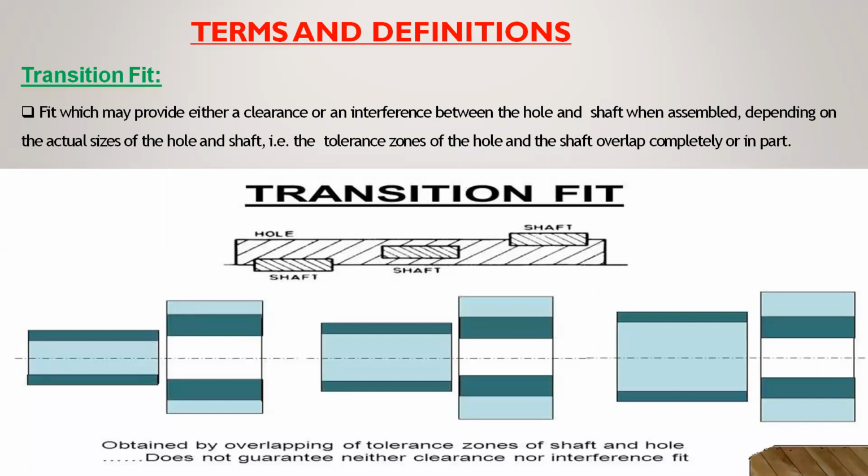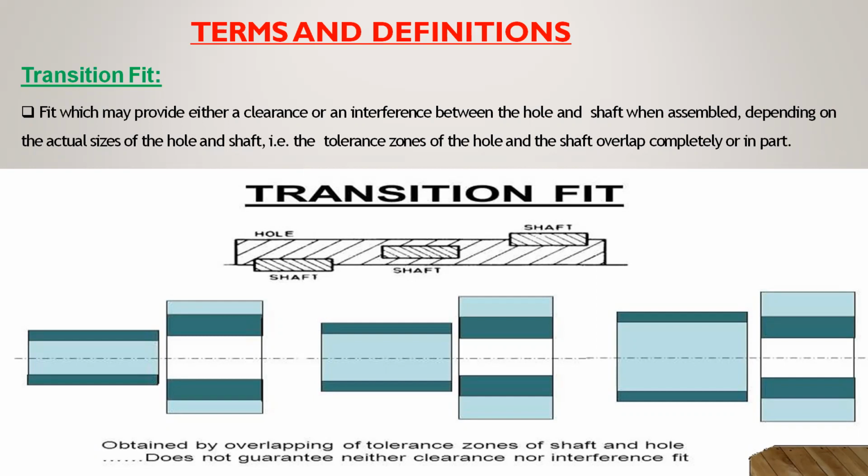So you can see it in the picture, the transition fit, hole and shaft dimensions. So the hole diameter is constant and the shaft diameter is also constant in this type, and the shaft and hole tolerance should be 0, that is equal to the size of the hole and shaft.